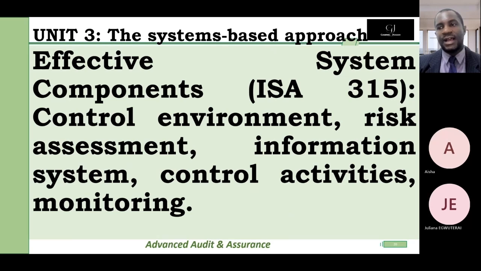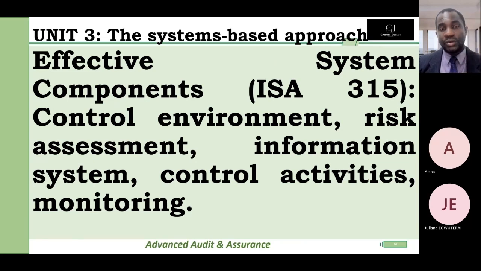Based on the components of ISA 315, we look at the control environment, risk assessment, information system, control activities, and monitoring. These components are the COSO framework. The COSO framework gave us these five components of internal control that will help us assess risk and ensure that the controls are deemed effective, so the auditor may place reliance on them, and it will also help us reduce substantive testing.